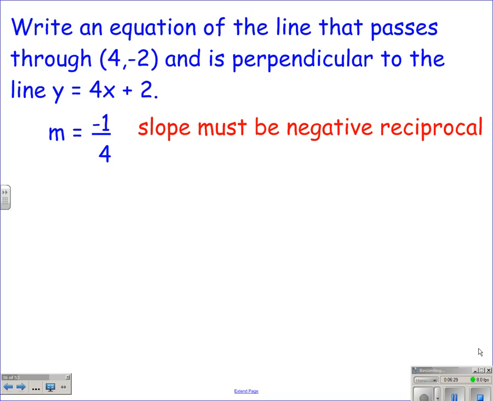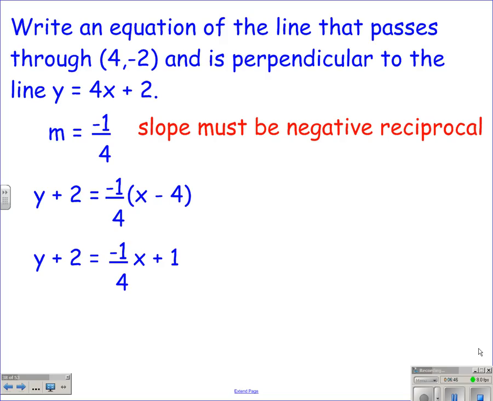Now we can use that new slope and the point (4, -2) and substitute them into point-slope form. So we'll have y plus 2 equals -1/4 times the quantity x minus 4. Distribute on the right-hand side, and you'll have y plus 2 equals -1/4 x plus 1.